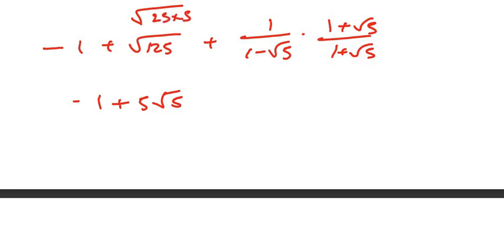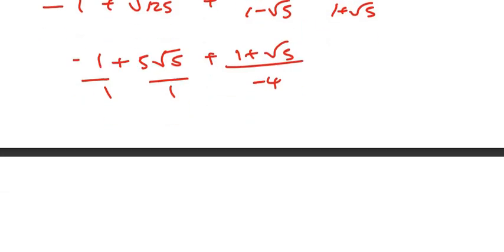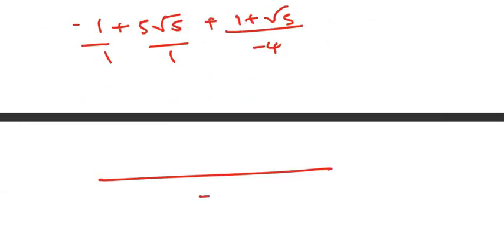Yeah, so then when you rationalize this other part, it gives you negative 4, if I'm not mistaken. Then we are just trying to combine everything here. That's what we're trying to do. So the common denominator is negative 4. This is going to be a 4. This is going to be negative 20 root 5. Then this is 1 plus root 5.